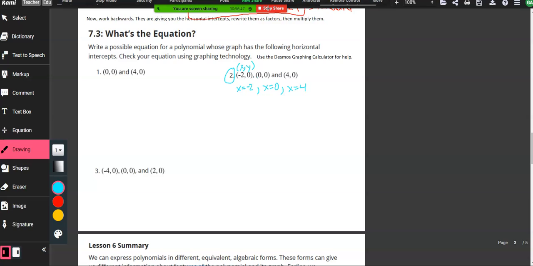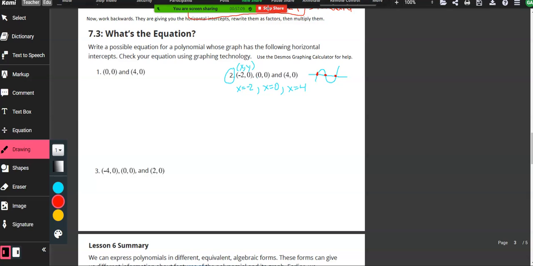Since they all have a 0 for the y-coordinate, that means the graph crosses the x-axis at negative 2, at 0, and at 4. That's what we did so far.